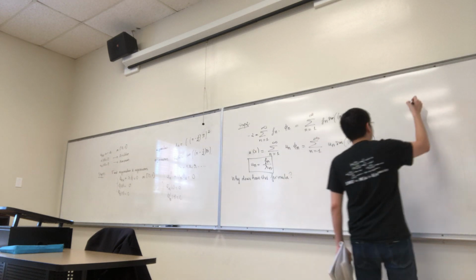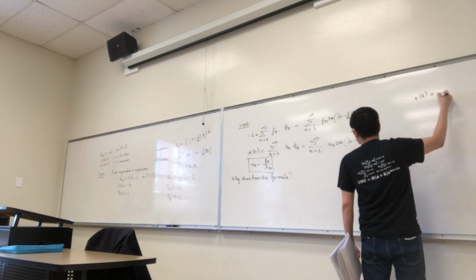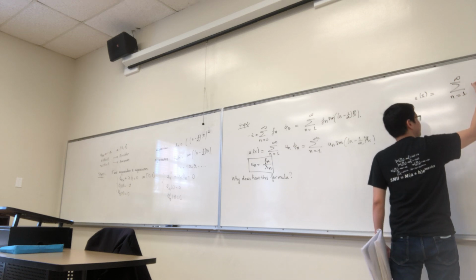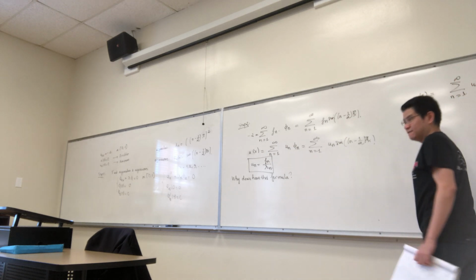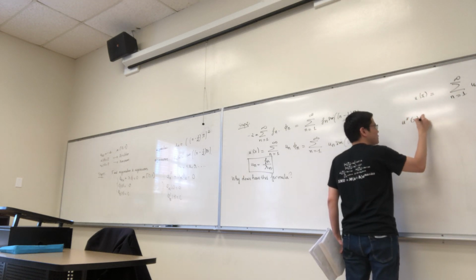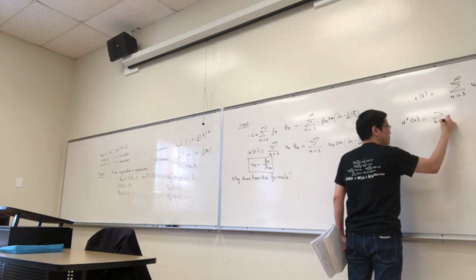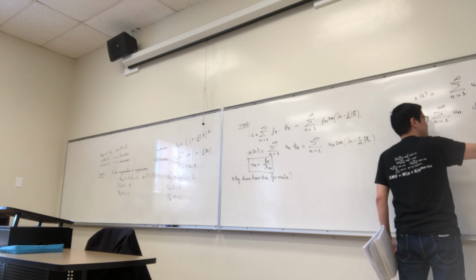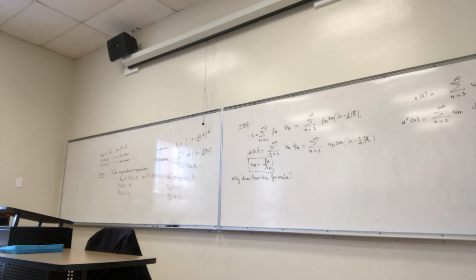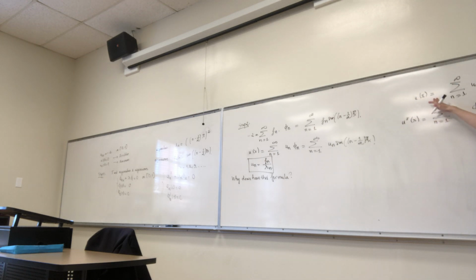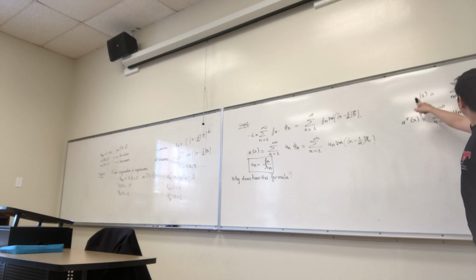So you have u(x) is the sum when n is going from 1 to infinity of un phi n, right? So which means that u prime of x will be the sum when n is going from 1 to infinity of un phi n prime, right?